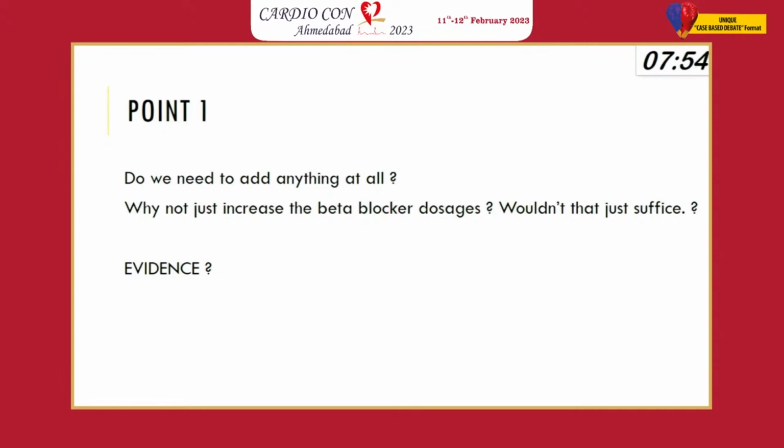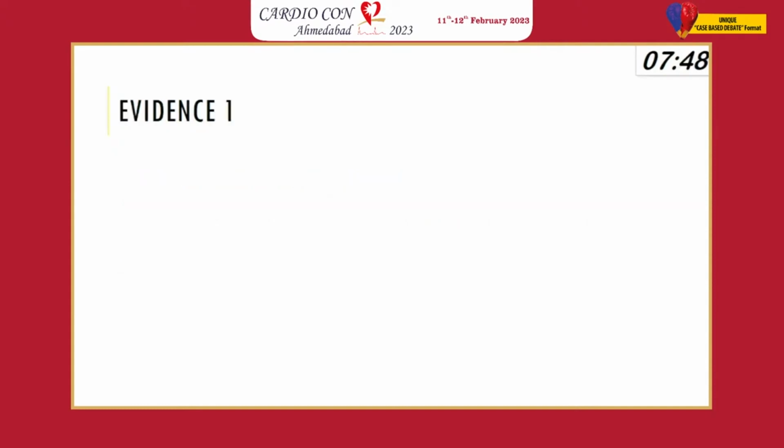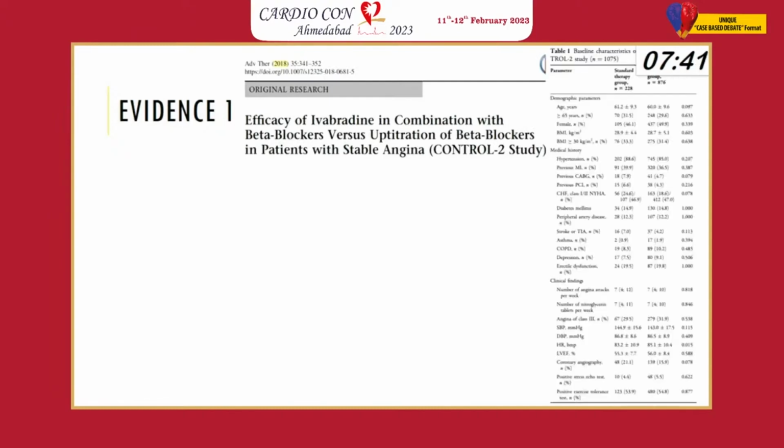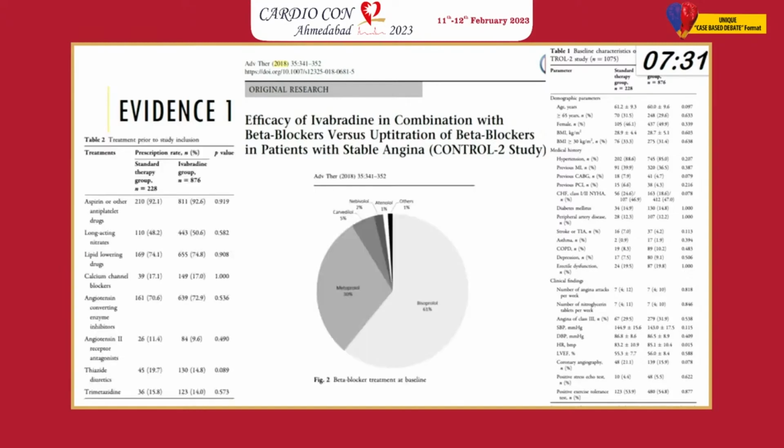So why is up titration of beta blocker not conventional in this case? We have some evidence. One is the ADDITION study in 2018, which included more than 1,000 patients, elderly around 60 years, most in NYHA class 2 dyspnea, with around 90% of patients on background beta blocker, bisoprolol and metoprolol.